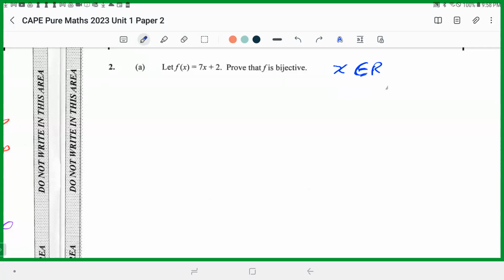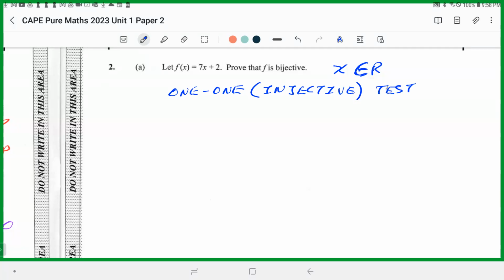We're going to do the one-to-one test, which means injective. I'm using the right terms because I haven't done this in a while. So we have injective and surjective. We're doing the injective one-to-one test.